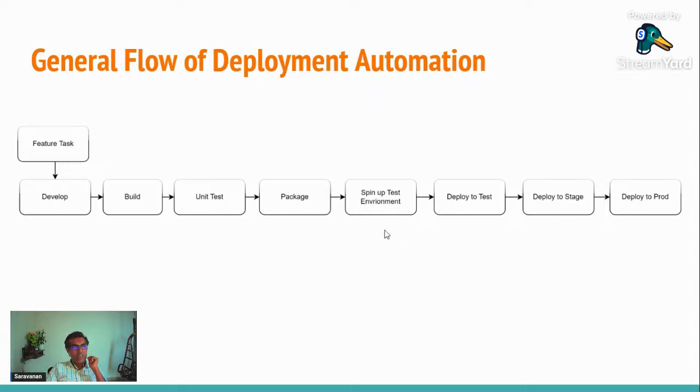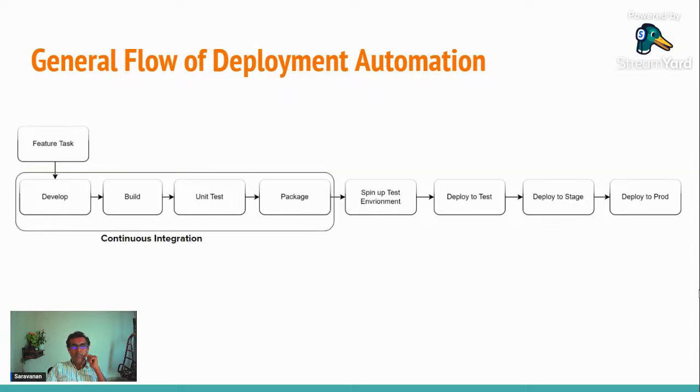So continuous integration starts from the developer developing the code and checking it into the Git-based or source control tools, and then the CI process does the automated build and automated unit testing, and then automatically creates the packages using a containerization method or an executable creation method.